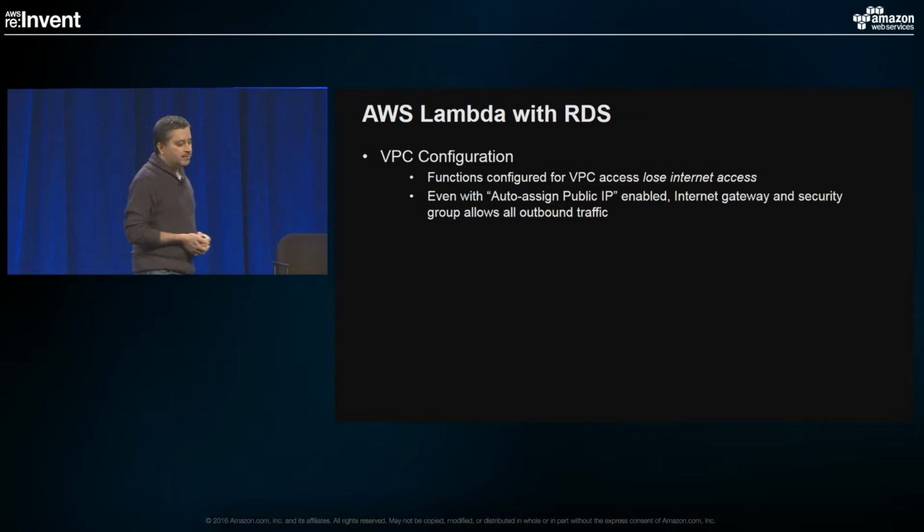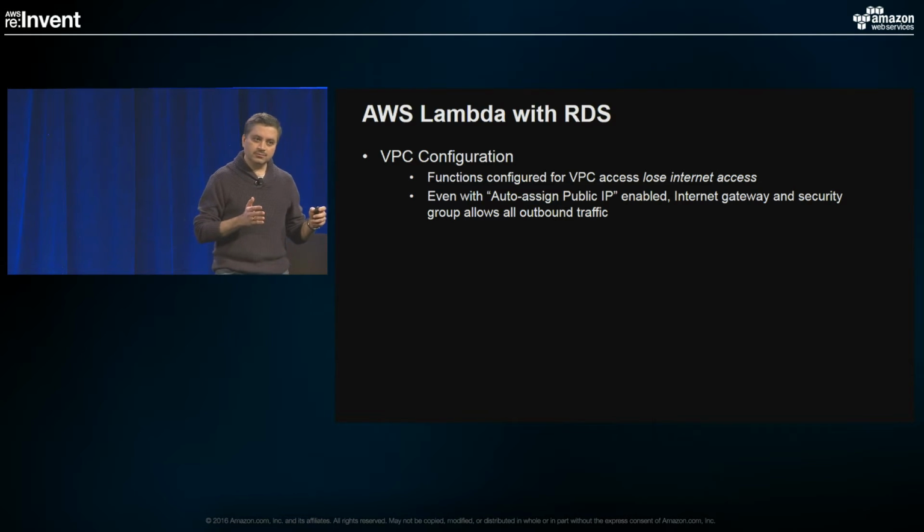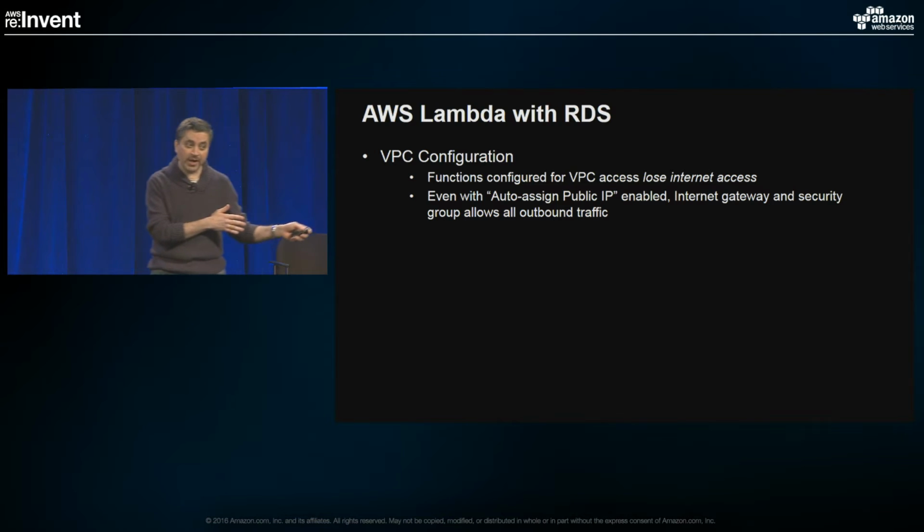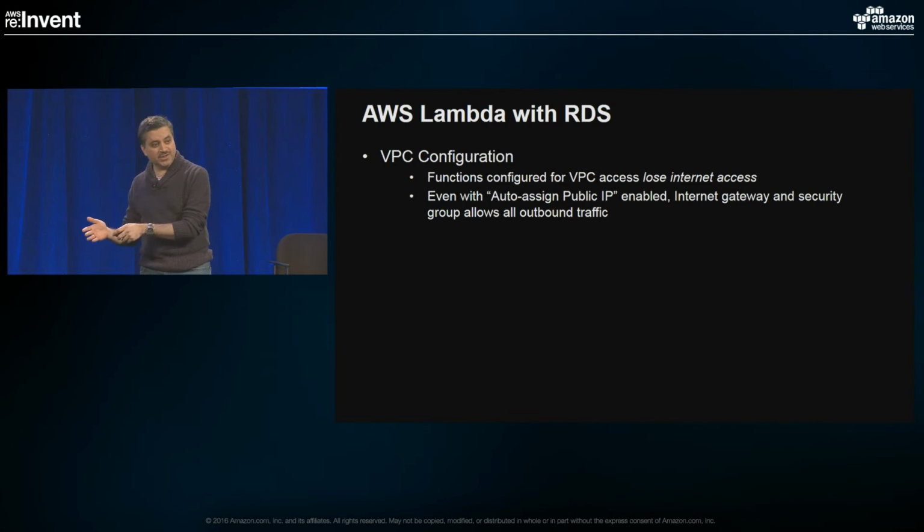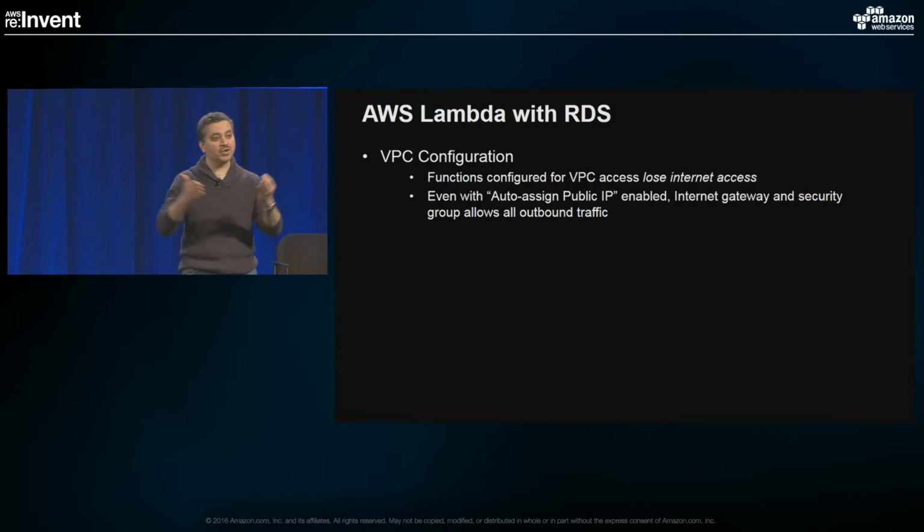However, keep in mind that, as I mentioned, by default it will have access to the internet. However, when you enable a Lambda function access to VPC resources, it loses access to the internet. That's intentional, because we want to ensure that there is separation.